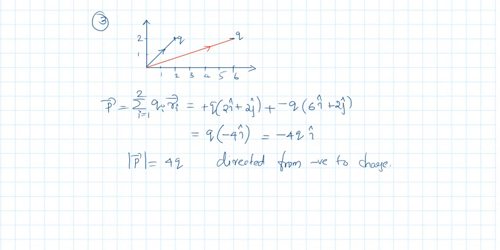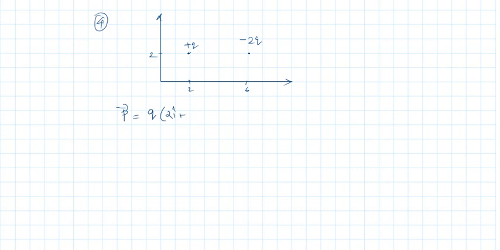I will give you one more example, then I will conclude. Suppose you have a discrete set of two charges. This is plus q and this is minus 2q, at x equal to 2 and x equal to 6. Then the dipole moment P is: the first charge is q, position vector is 2i plus 2j.